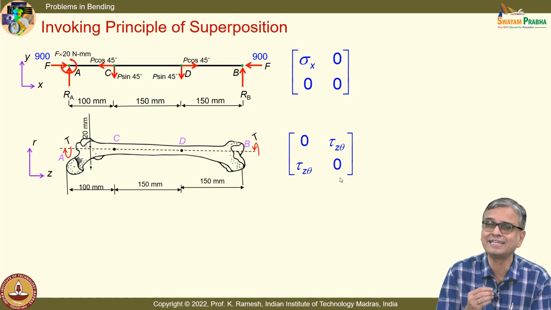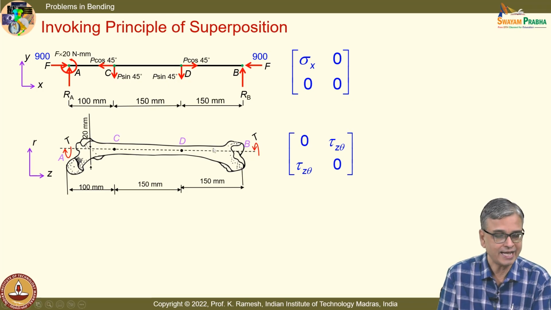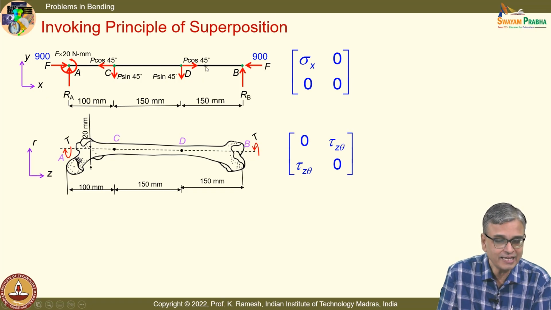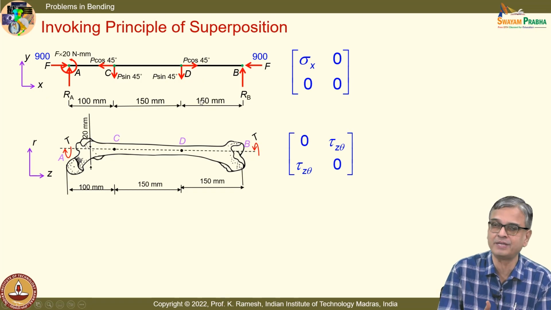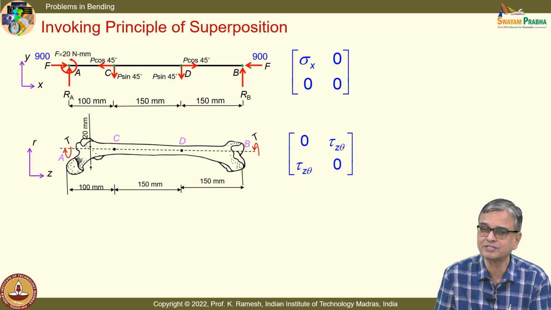What is the other easy way of solving the problem? If I make one small change, I have referred the axis of the femur as z in this, and I have referred the axis of the beam as x in this. Suppose I replace whatever stresses I have got in the beam into the z axis, then my assembly becomes much simpler.